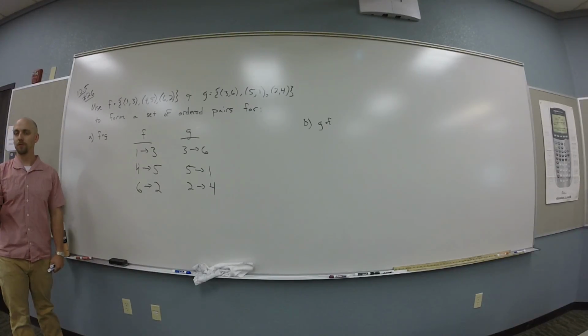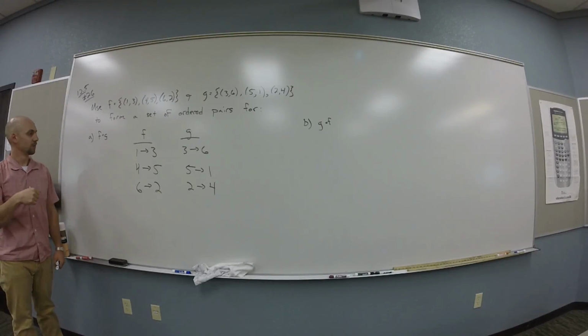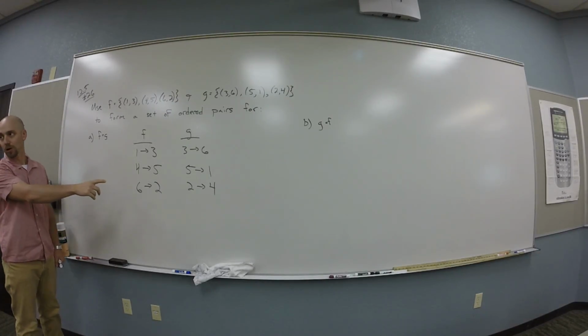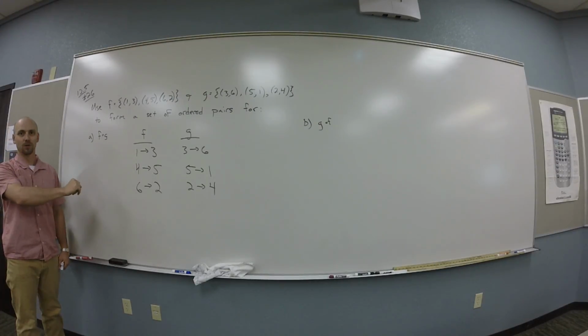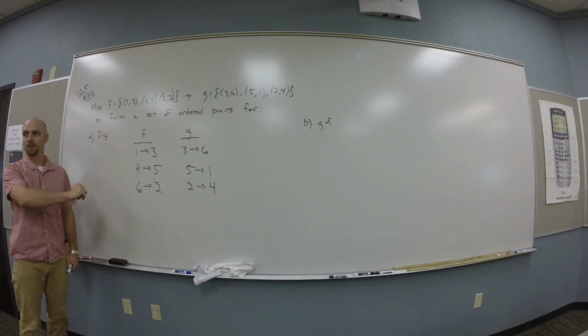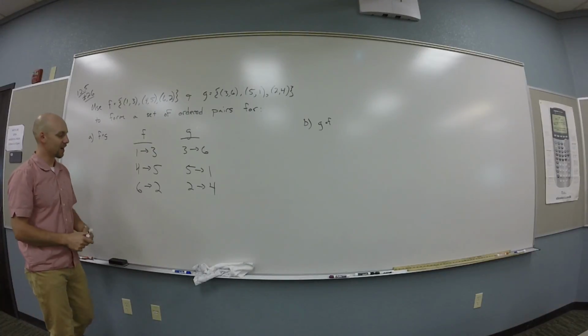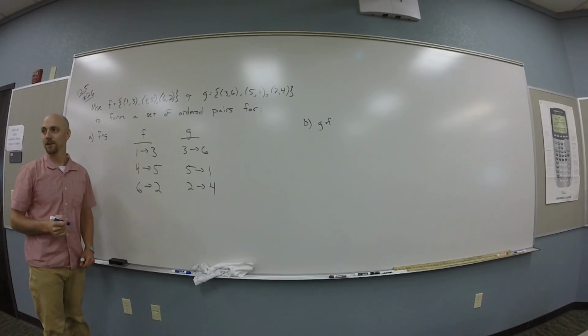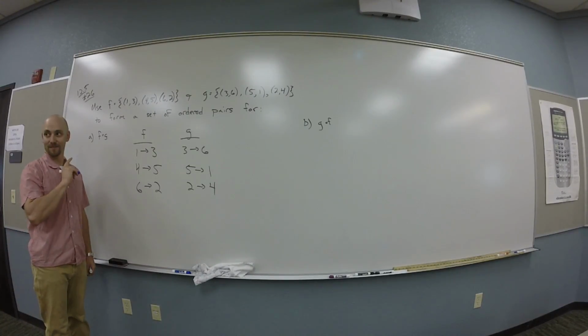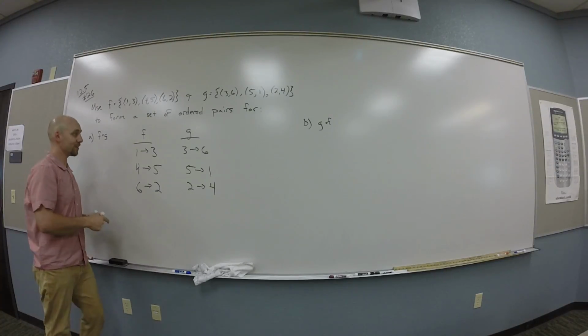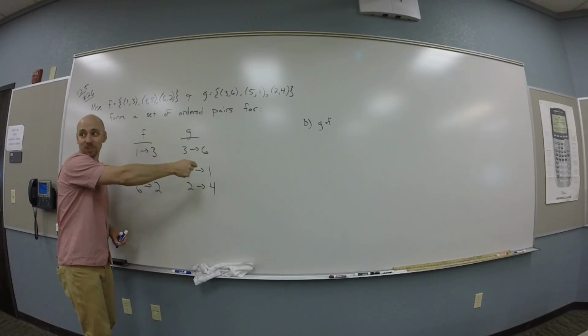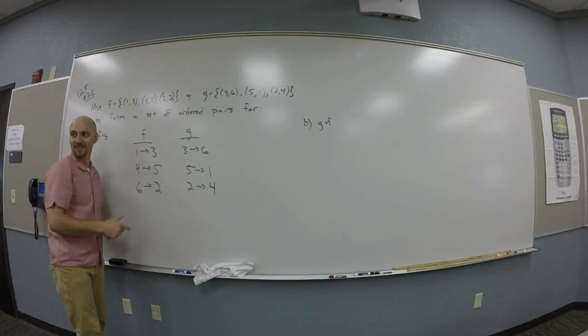Which rule do I do first? G, and then I do F? These are backwards, right? You guys see that? These are really helpful for doing F first and then doing G, right? You guys all see that?